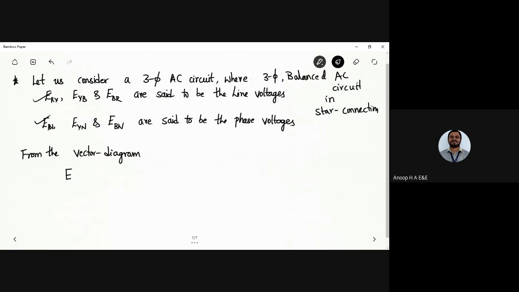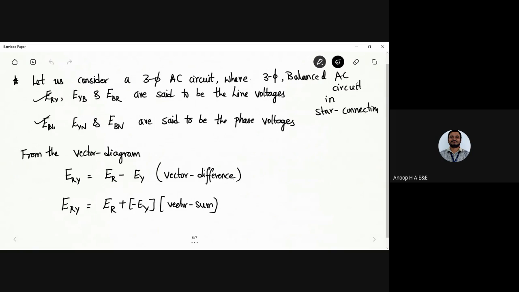I have ERY which will be equal to ER minus EY, which is the vector difference. I can also write it in terms of vector sum: ERY would be equal to ER plus minus EY, which is the vector sum.